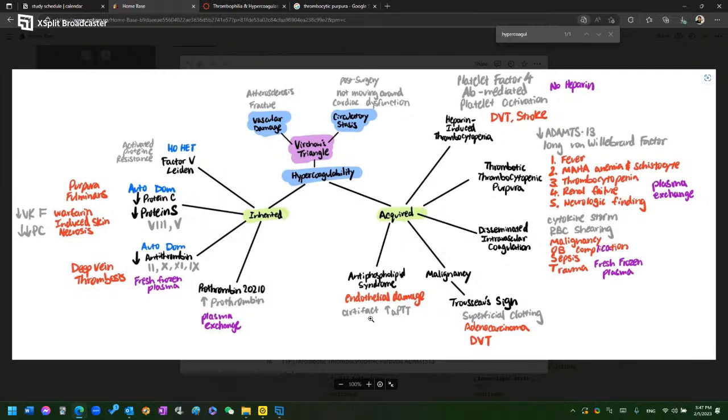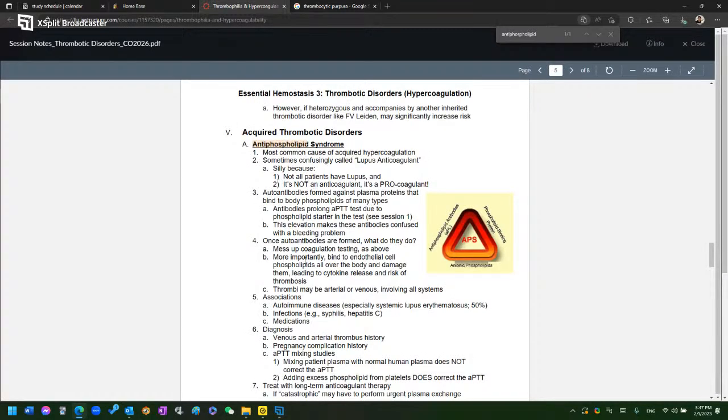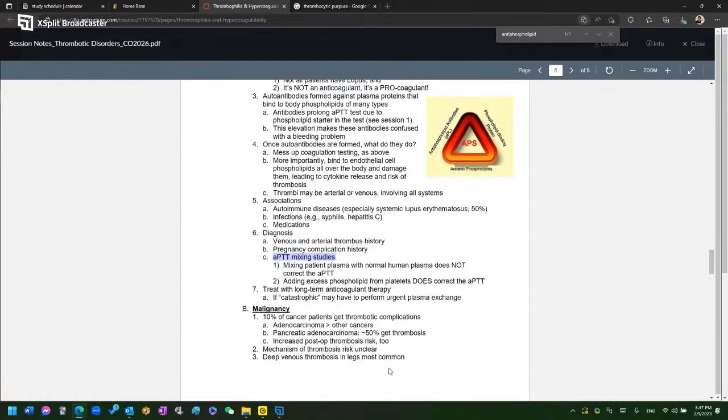The reason he was talking about artificial APTT right here, and if we remember correctly, APTT is a test of the intrinsic clotting system. It will look like the person has prolonged clotting.